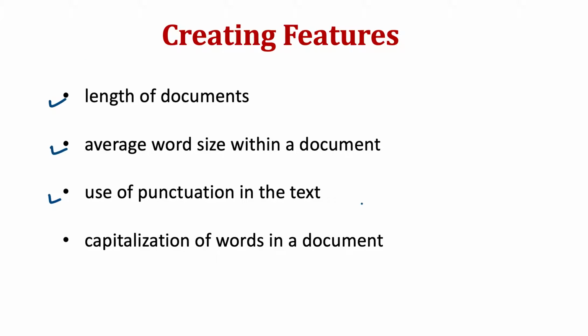So if we look at what percentage of characters in a given text message is punctuation, that may be a useful feature for determining whether the text message is spam or ham. Another could be how frequently the words within that document are capitalized. Are these properly capitalized or not? So that can also be an indicator. And then there can be many more such features that all depend on how well you understand the data.